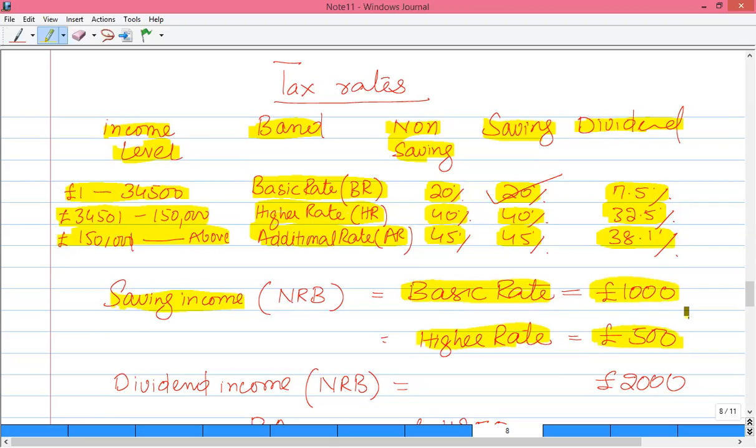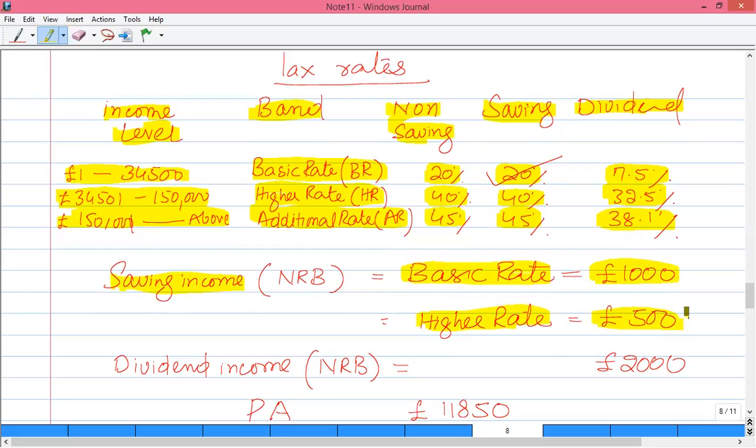Then instead of 1,000, the first 500 of their saving income would attract a rate of 0%. And if that person becomes an additional rate taxpayer, then there will be no saving income nil rate band advantage. It's only available for basic rate and higher rate taxpayers.